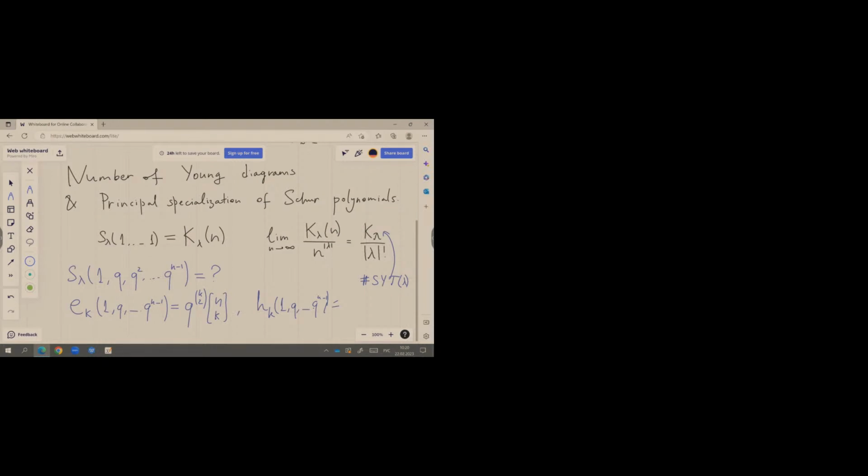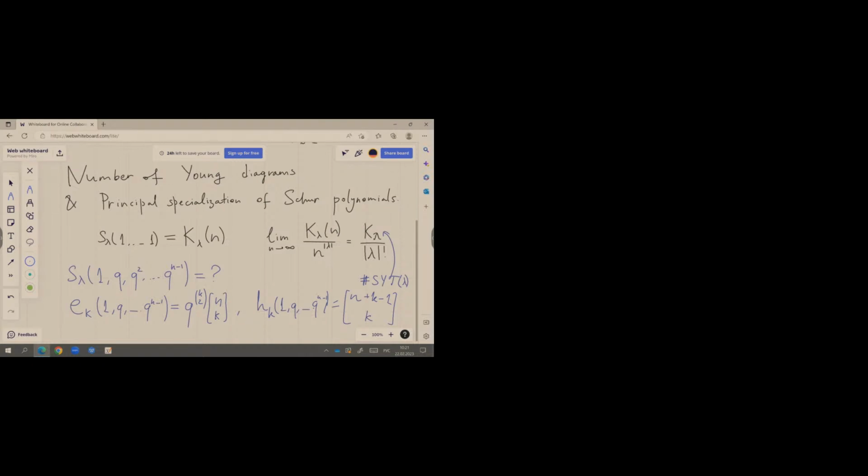And this thing is just a q binomial coefficient, but with, let's say, negative n, or n choose k with repetitions, something like that. So n plus k minus 1 choose k, right? And when you specialize this to 1, you get the usual binomial coefficients without repetitions, n choose k, and with repetitions, n plus k minus 1 choose k.